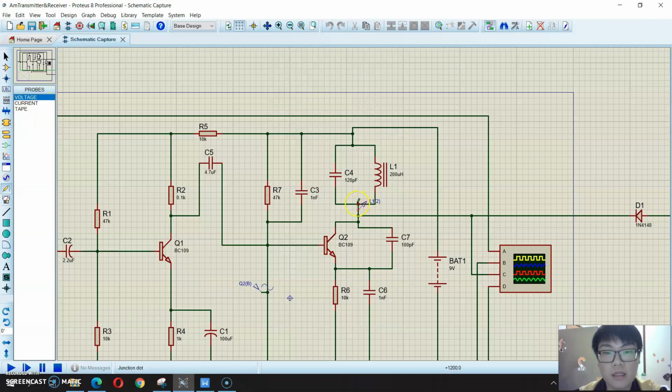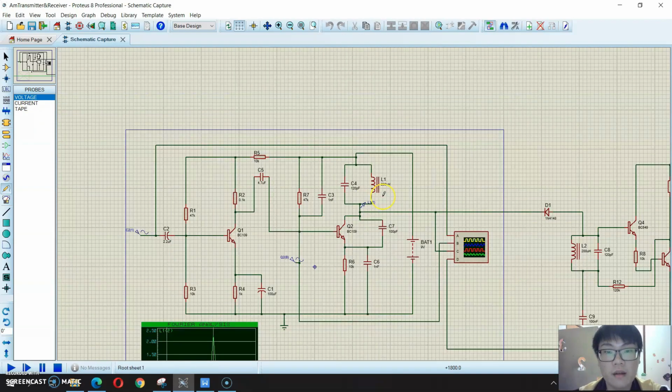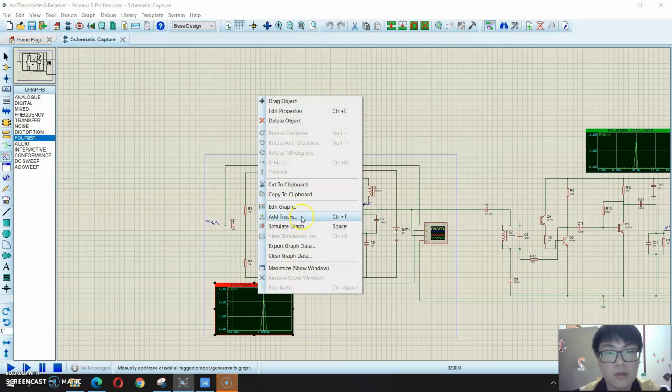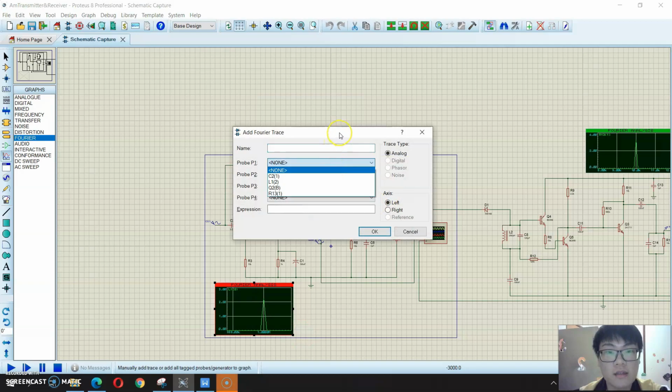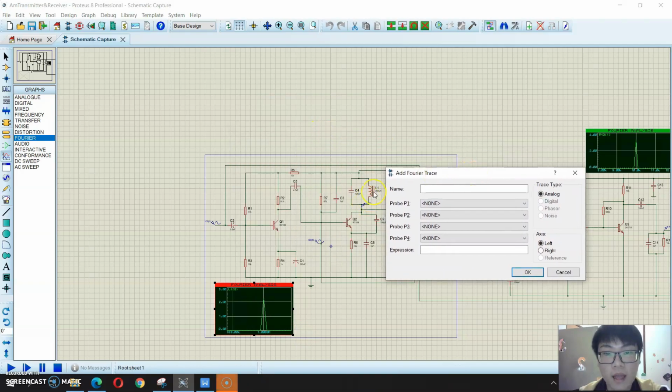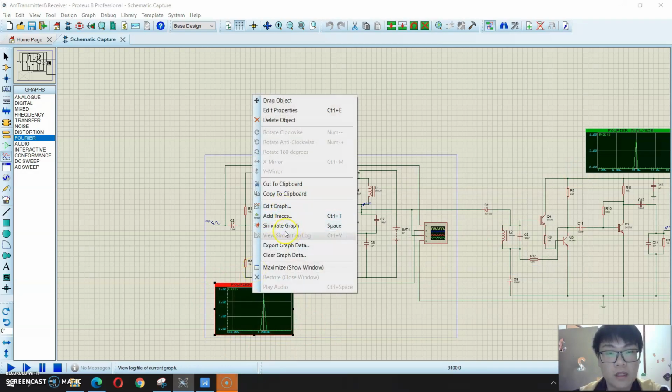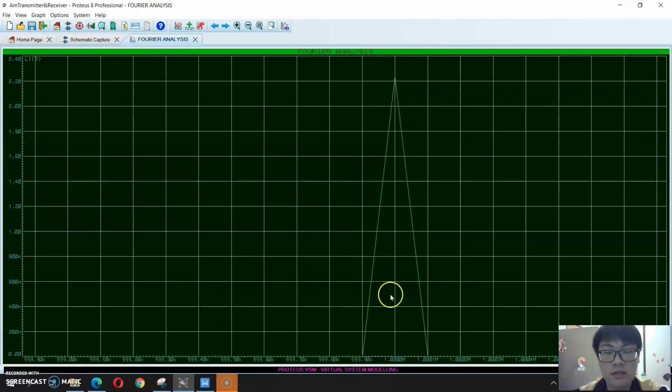We plot the output of the transistor, and next we draw the Fourier analysis here, and after that we add a trace. The trace is L1. We add L1 and hit OK. After that we simulate, and we get the Fourier analysis for the transistor. We maximize it and look at it.